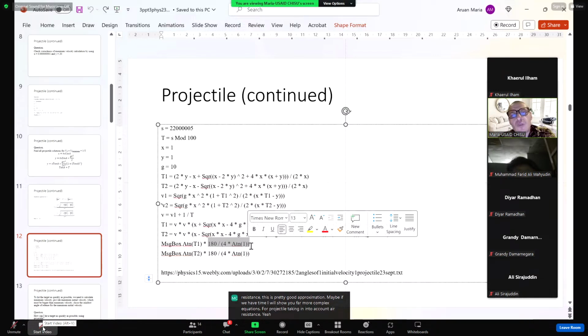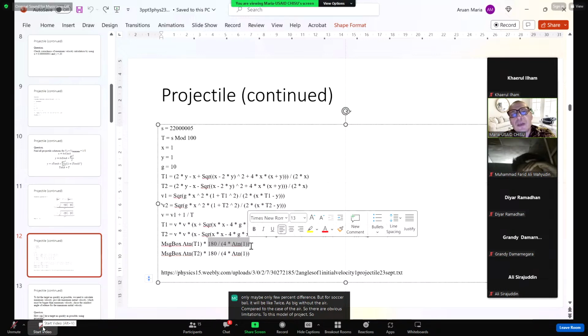For a soccer ball, it is significant. But for a bullet, it's not very significant, maybe only a few percent difference. But for a soccer ball, the distance will be about twice as big without air compared to the case with air. So there are obvious limitations to this model of projectile.